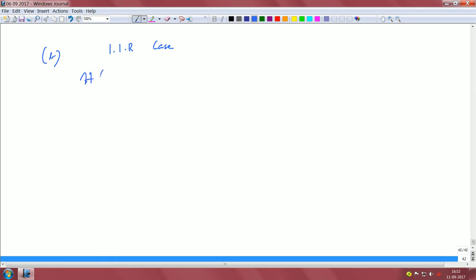So suppose I have h of z to be the simple first order IIR low pass filter. I can write this in this form.